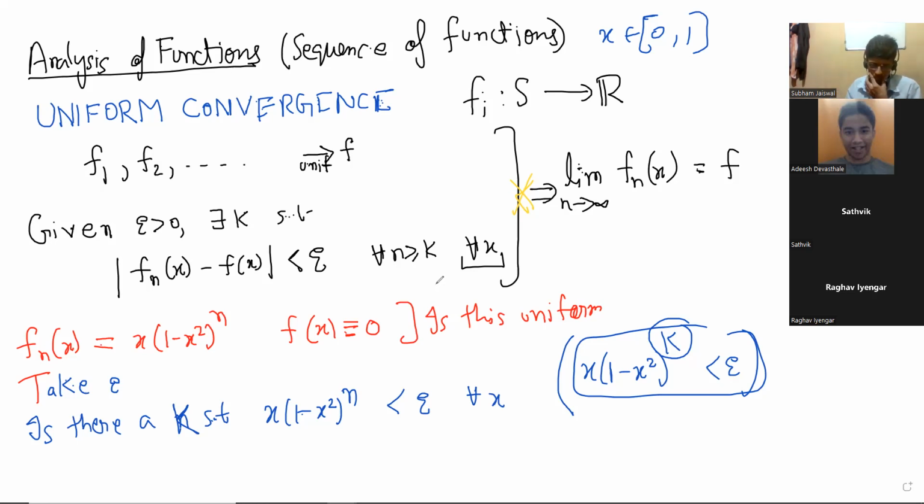Yeah, but we can obviously reduce this: this is obviously less than (1 minus x squared) whole raised to k, right? But this is not uniform. 1 minus x squared raised to the n is a problematic thing. You had seen yesterday a similar example, x to the n. That's a similar problem. So for (1 minus x squared) to the n, you cannot find k.